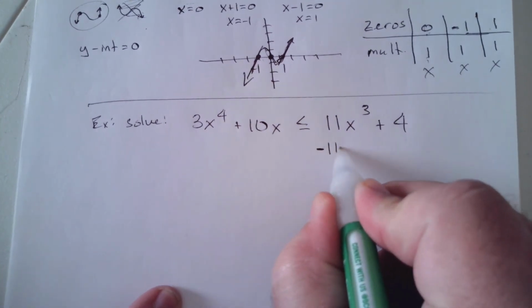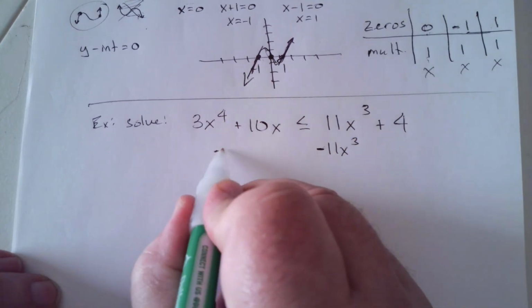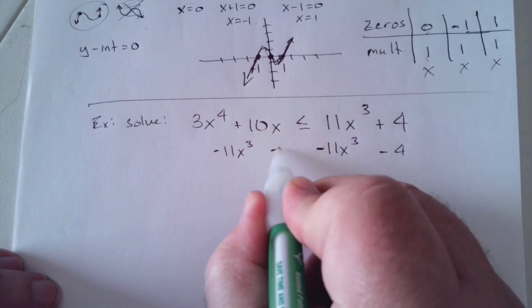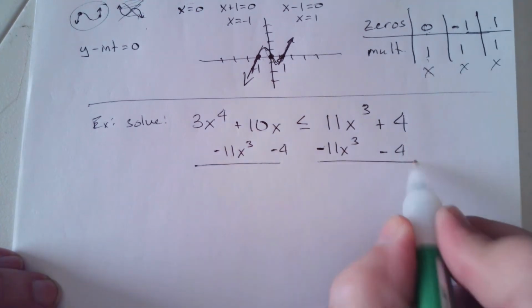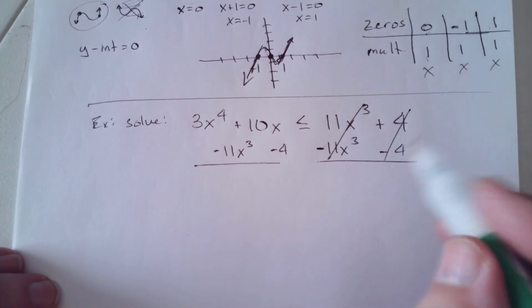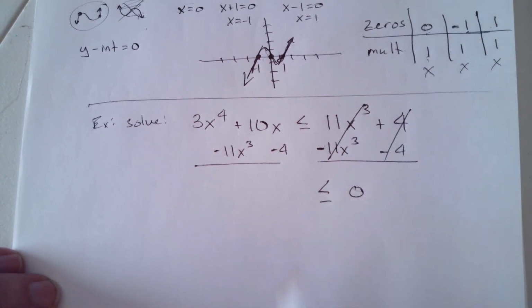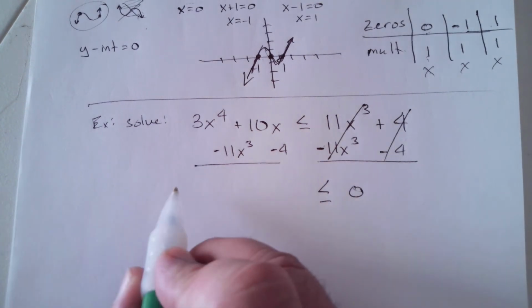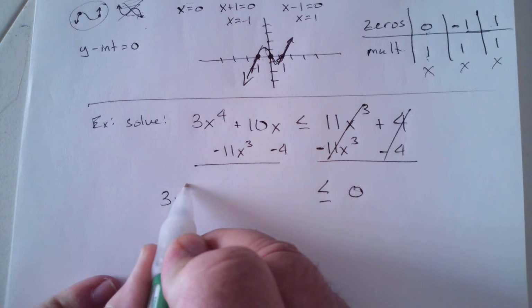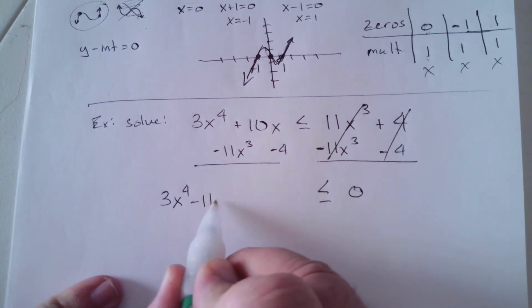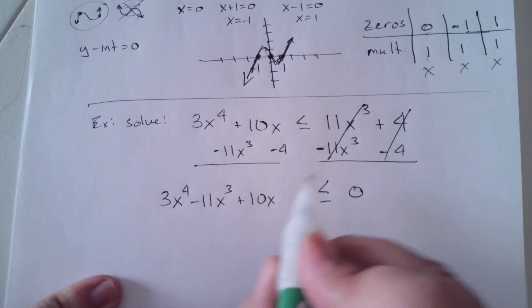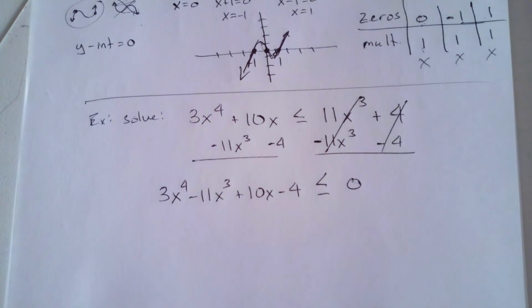So I subtract 11x cubed from both sides, and I subtract a 4. So that disappears, and we have a 0 on this side. On the left side, 3x to the 4th minus 11x cubed plus 10x minus 4.